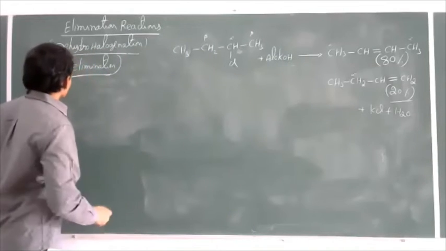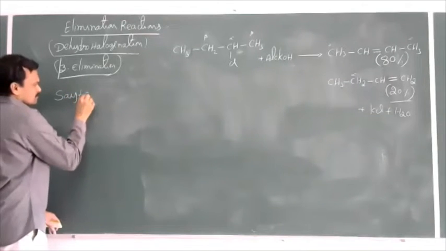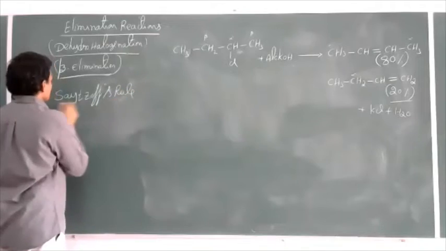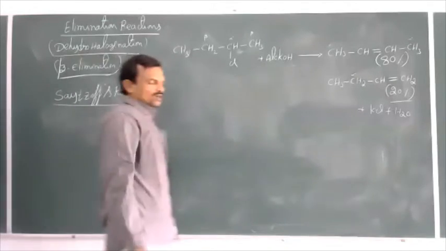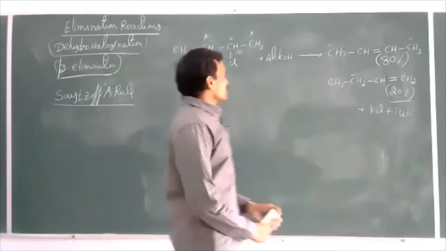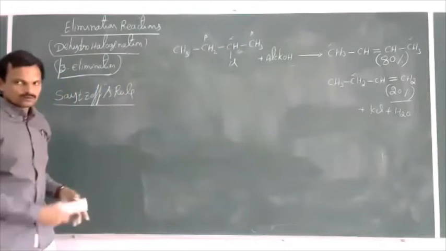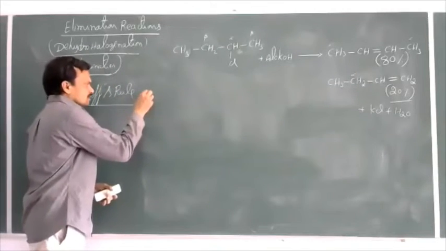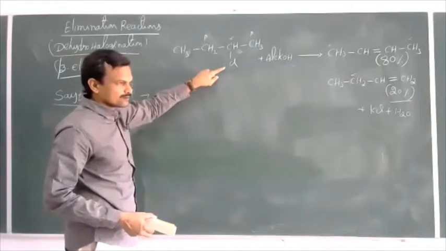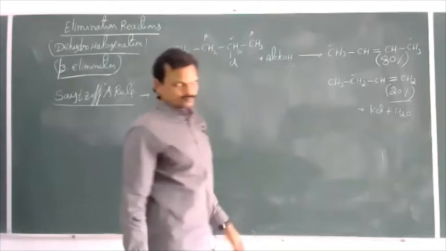And this can be explained based on a rule called Saytzeff rule. What is Saytzeff rule? The dehydrohalogenation of unsymmetrical haloalkanes takes place according to Saytzeff rule, which is nothing but: during dehydrohalogenation of an unsymmetrical haloalkane, the more substituted alkene is formed as the major product.